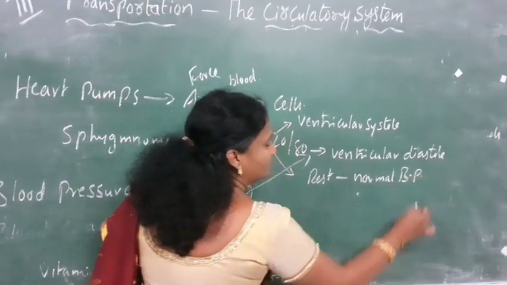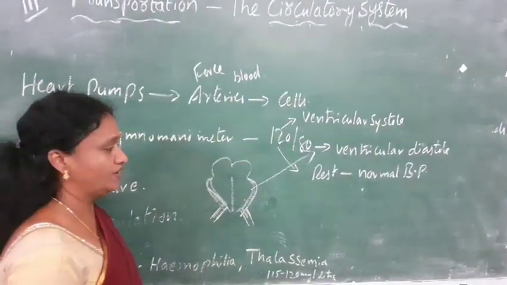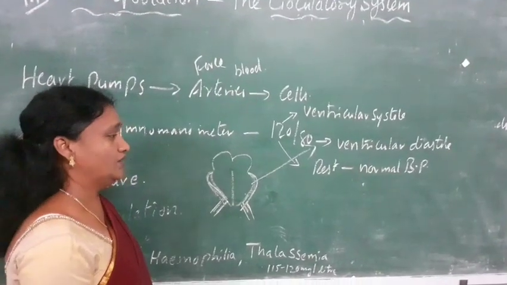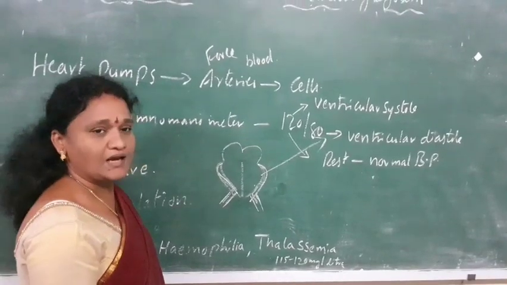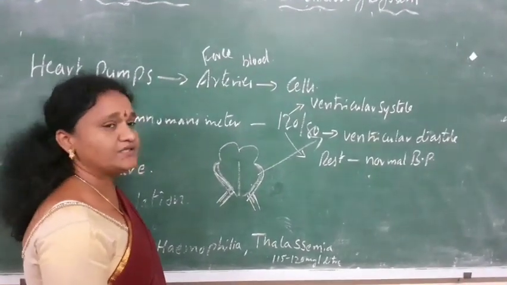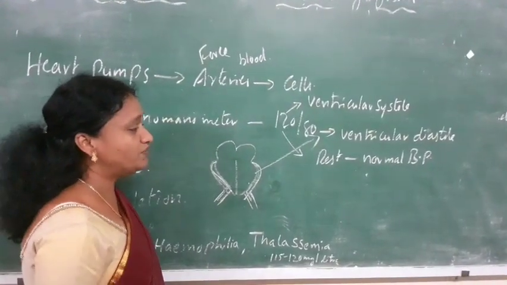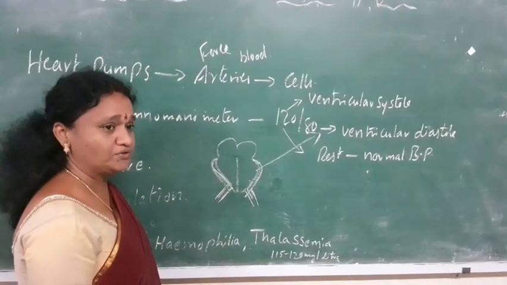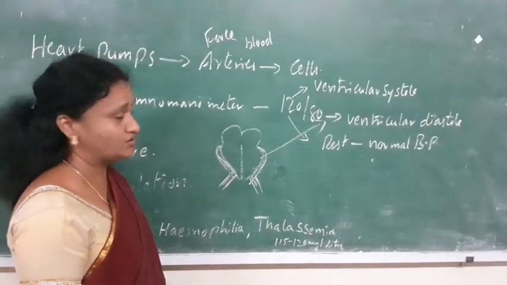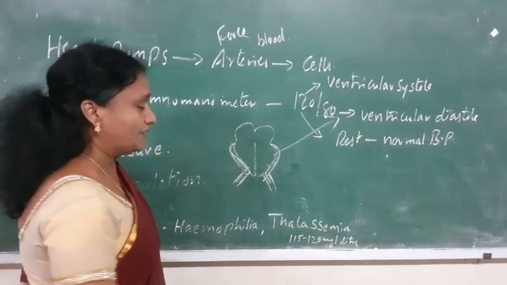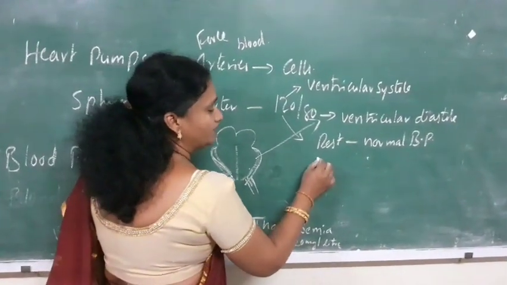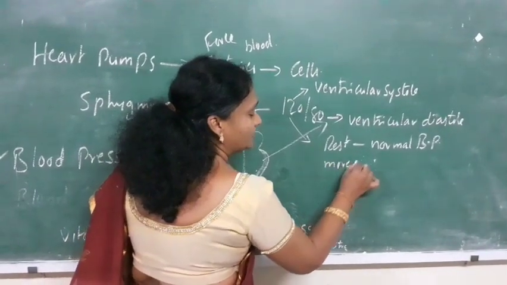But the BP varies according to our activities. When you do more exercise, or when we climb steps, or during excited conditions, the BP will be high. When you come to rest and your BP comes to normal, then there is no problem. But in some people at resting position, the BP will be more than 120 by 80.